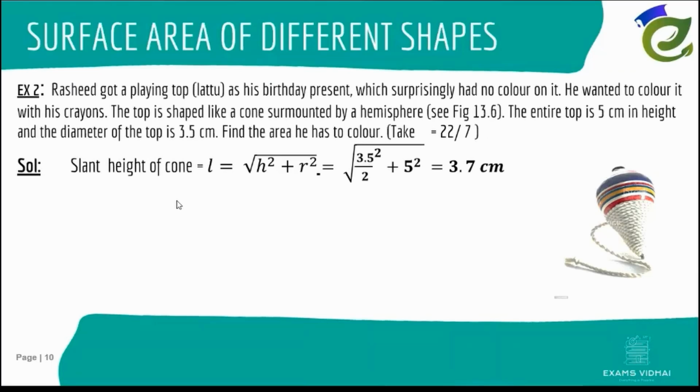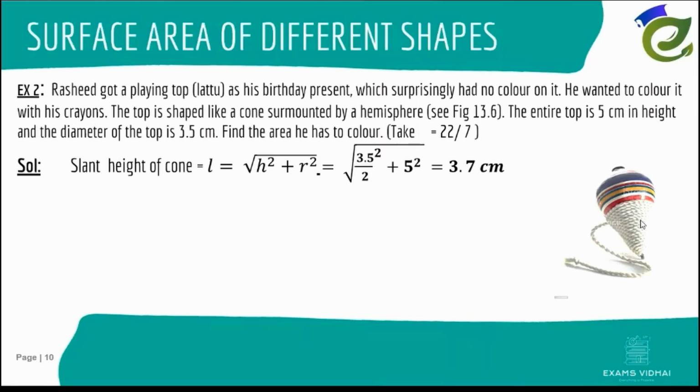It means we have to find the total surface area of the solid object. Here the solid object is the top, Latu. We know that we have been playing in our childhood with Latu by tying a rope around it and trying to leave it so that it keeps on spinning.